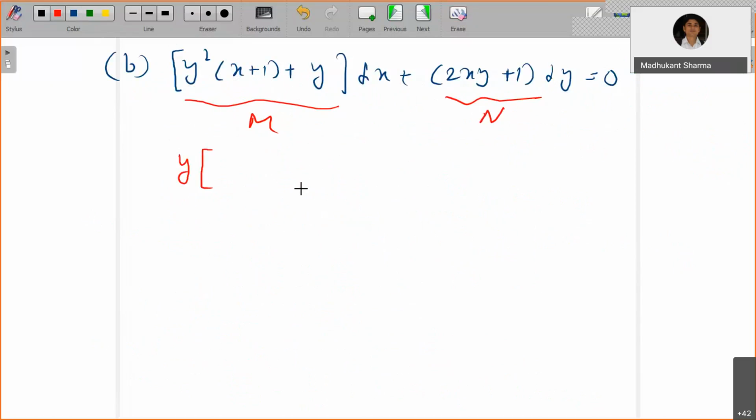What is remaining is x into y plus y plus 1, so it is not a function of x into y. Sir, yes, we took y out, so it will be xy plus y plus 1.